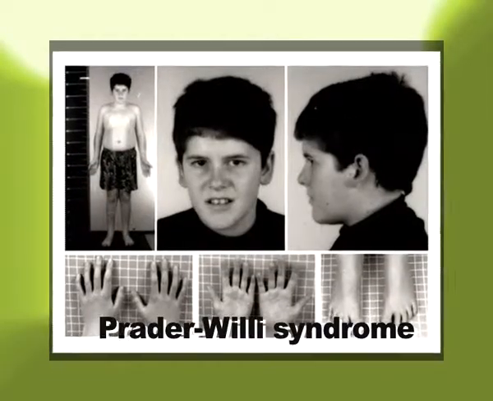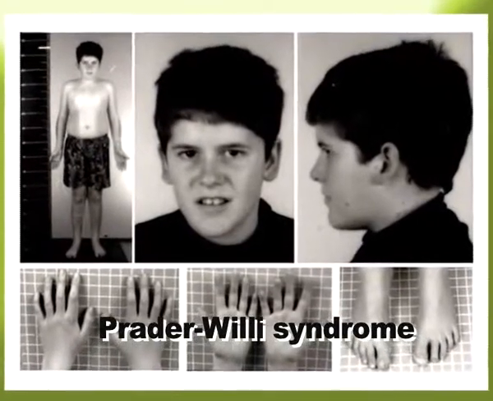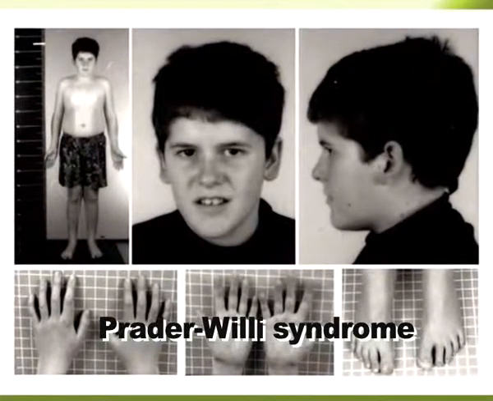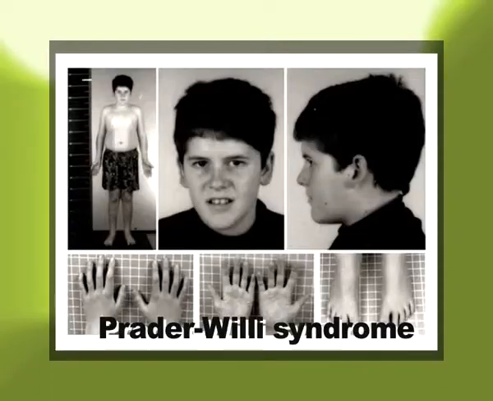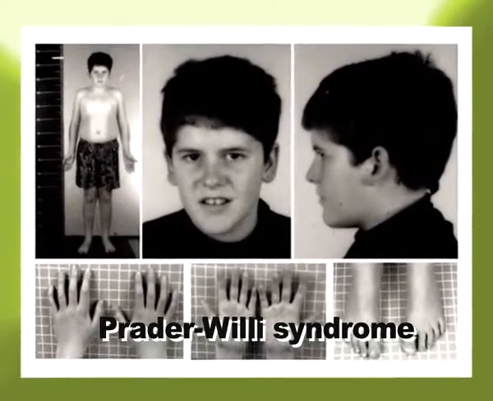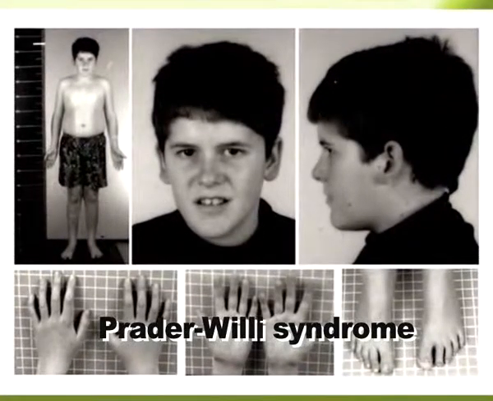Another example is Prader-Willi syndrome, which results from heterozygosity for a deletion of part of the long arm of chromosome 15. Prader-Willi syndrome occurs at approximately the same frequency as cri-du-chat syndrome. Infants with this syndrome are weak because their sucking reflex is poor, making feeding difficult.